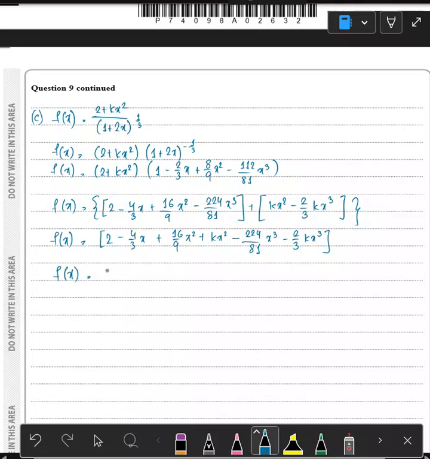In terms of coefficients, this 2 is actually the coefficient of x to the power 0, which is 1, so we just don't write that here.